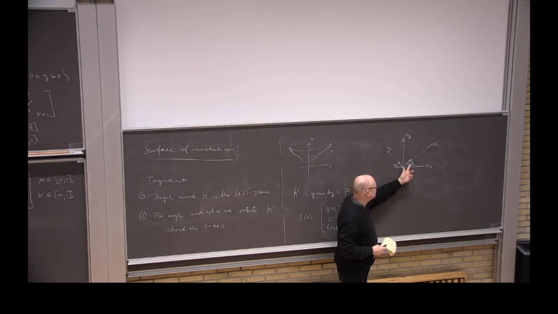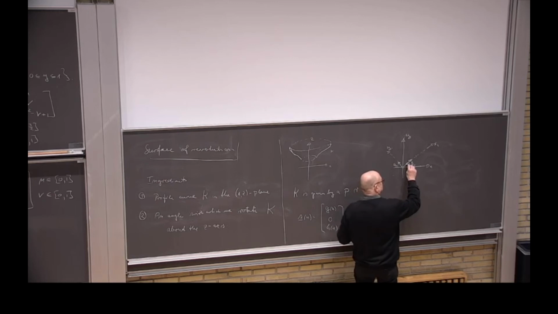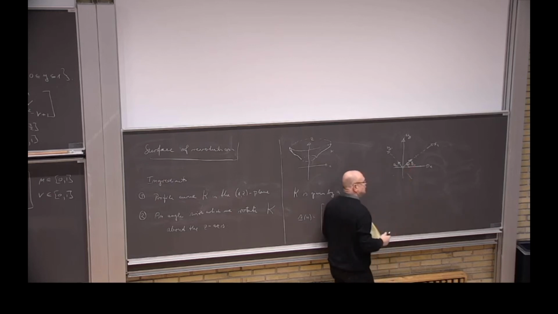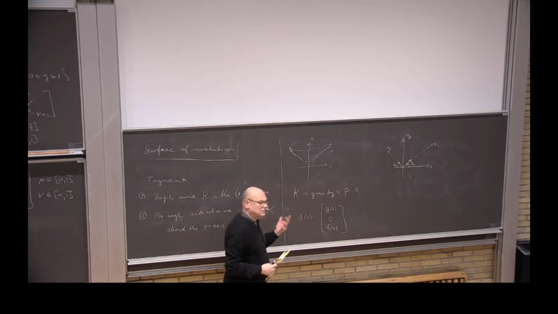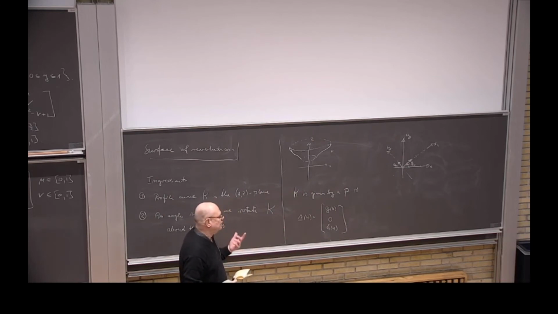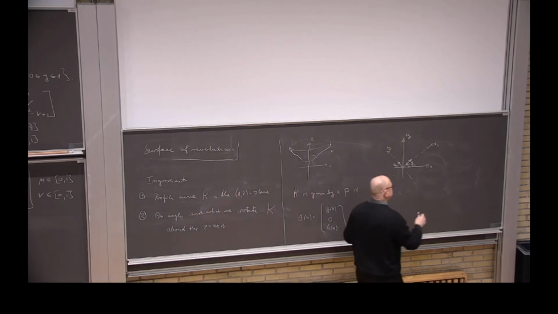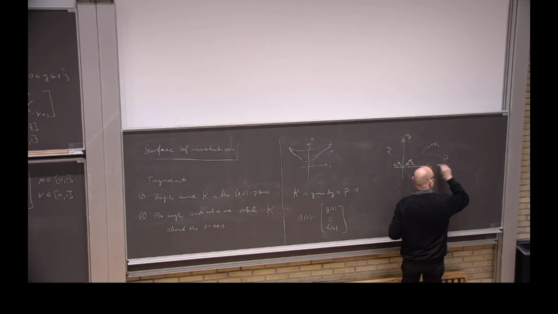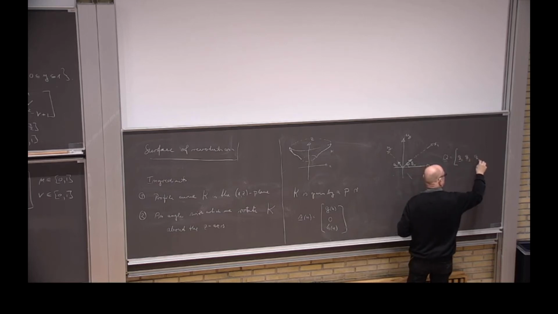So if you choose this coordinate system, and it is rotated the angle v, then you can write down the relation between the new coordinates and the old coordinates. You have to use a change of base matrix that is formed from Q1, Q2, and Q3.